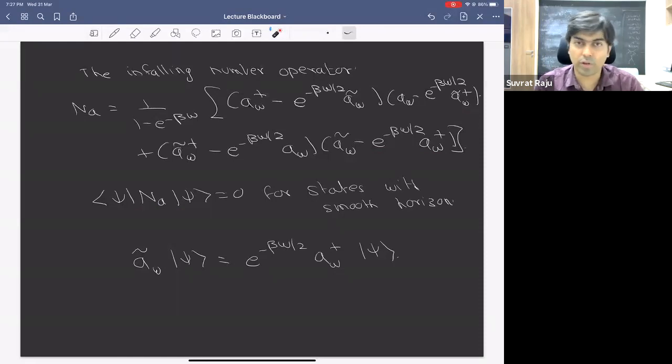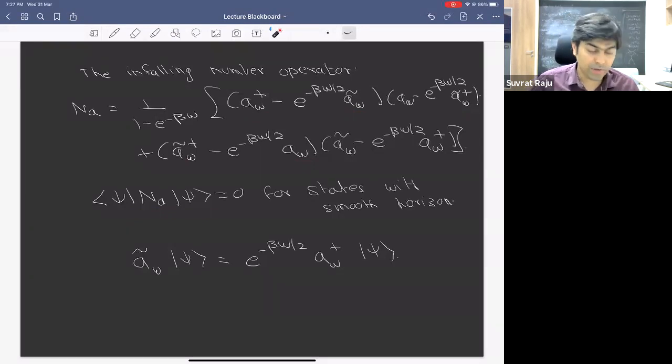But if you don't want to think of that, we just have some expression, which in the end is a bilinear in the scalar field. Remember, all of these are just smeared versions of the scalar field. And it's manifestly true, by what we were calling the rules of effective field theory, that the expectation value of this operator is 0 for states with a smooth horizon.